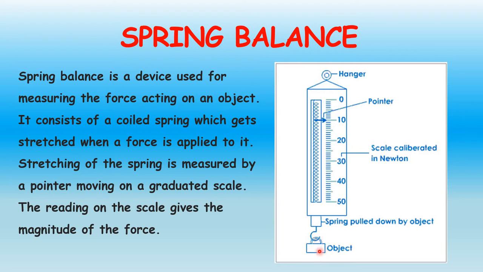We wanted to find out the weight of this object or the force applied on this object. Weight means it is a force exerted on the object by the gravitational pull of earth. Now there will be a spring inside this which can get extended when we hang the object, and there is a scale. You can see 0 is written here, then 10, which means each division is 1.